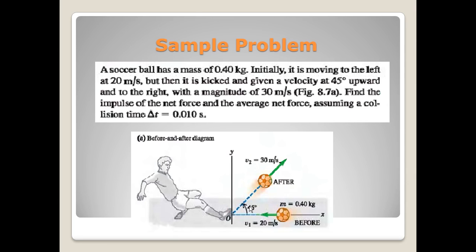Again, I am assuming that you are following me using your pen and paper and your calculator. So type in your calculators 30 cosine 45. That gives us 21.21 meters per second. So that is the final velocity. Expectedly, we will be subtracting the initial velocity from this value. So we have minus negative 20, that becomes plus 20.